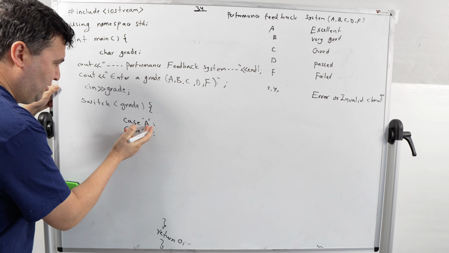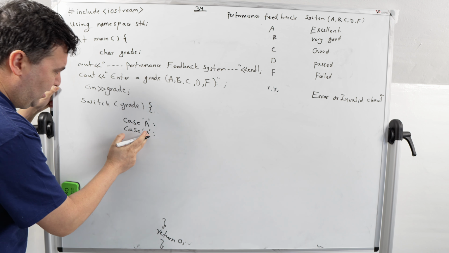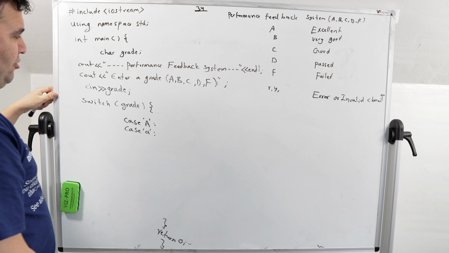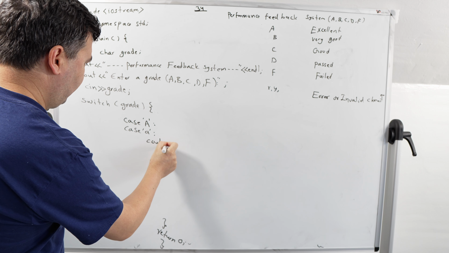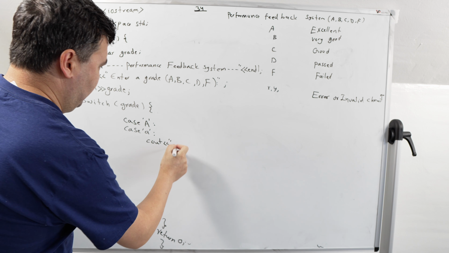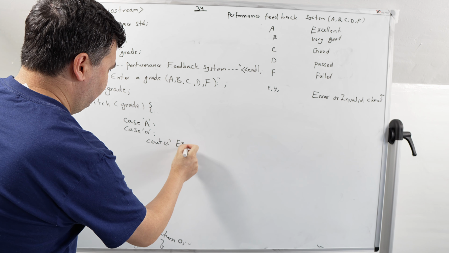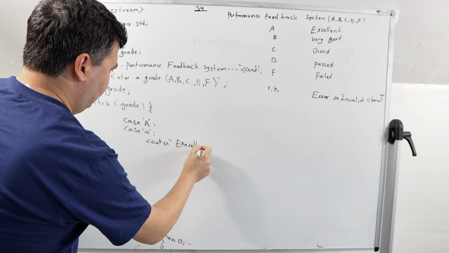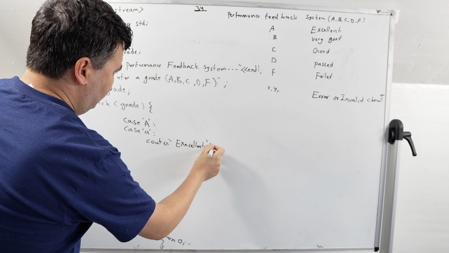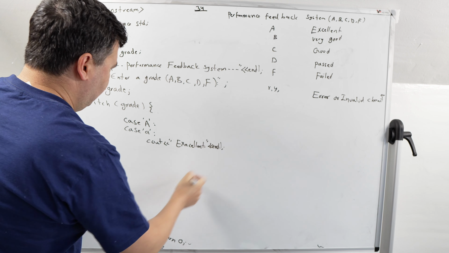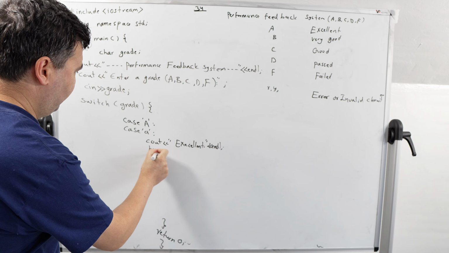If the user enters capital A or a small letter a, we should cout excellent, and then endl, and then break.